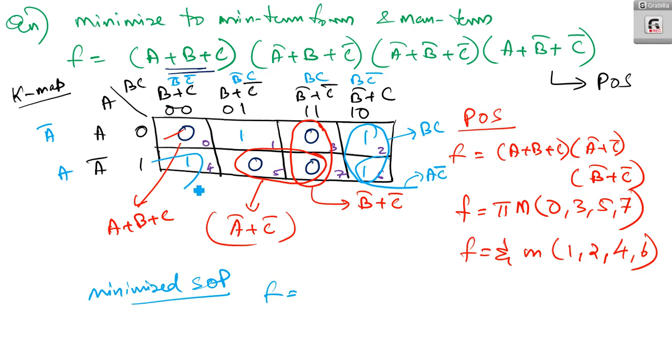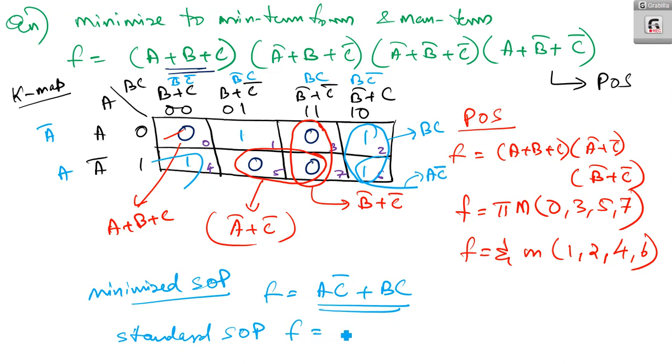This one, that means A C bar or BC. That is the minimized SOP form, and the standard SOP form you can write as F is equal to sigma M 1, 2, 4 and 6.